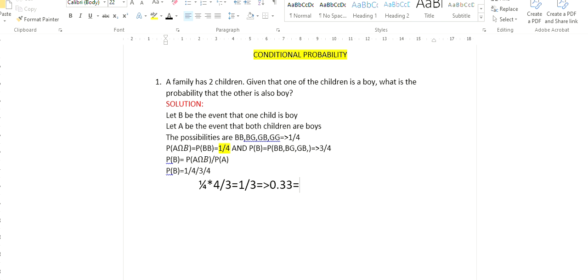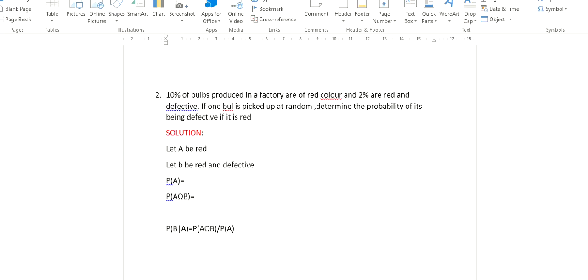So the probability of the other also being a boy is 0.33.